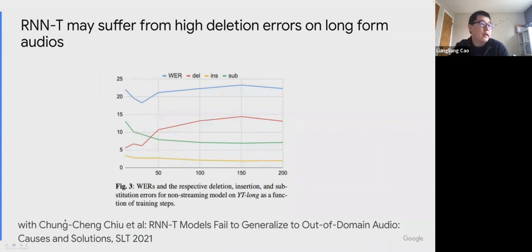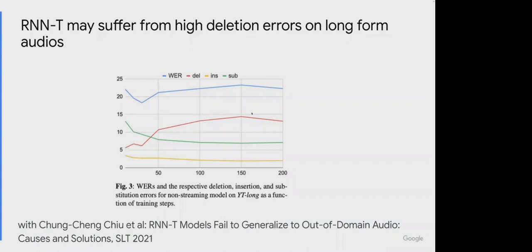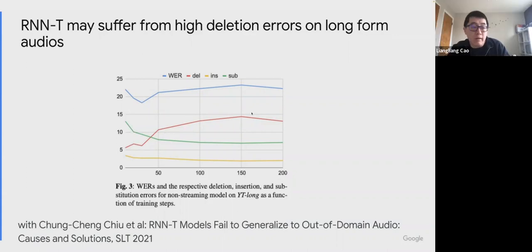Basically, this paper shows that, where the horizontal axis is the length of the input speech audio, if the RNN-T is applied to noisy audio, the deletion error, shown here in red, goes up when the testing audio becomes longer and longer.